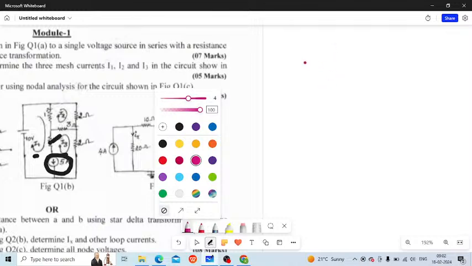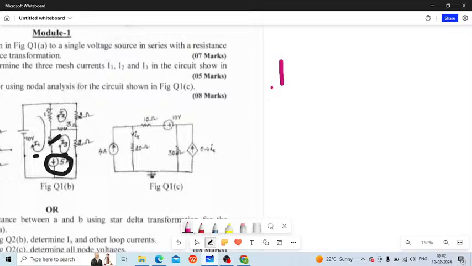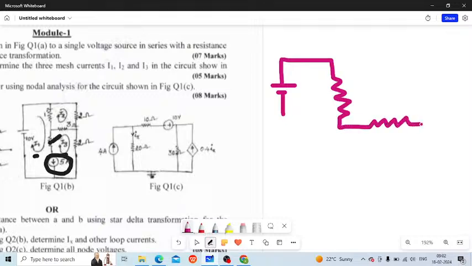Here it is, so you have 10 volt. We are just writing the super mesh. I hope you are getting my point. And I told you the 1 ohm is neglected because it's in series with the current source.